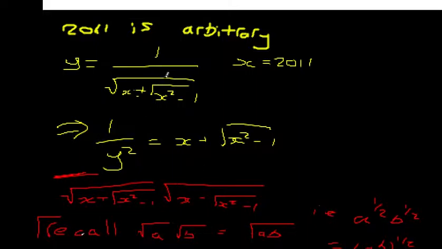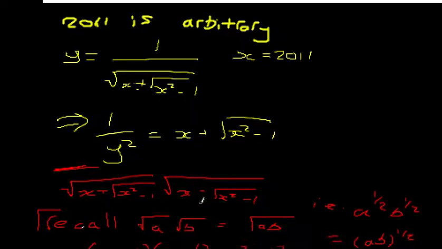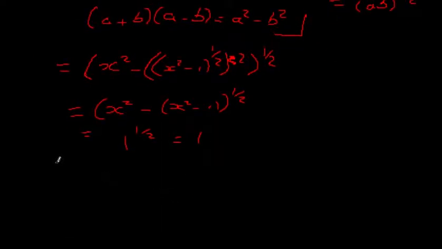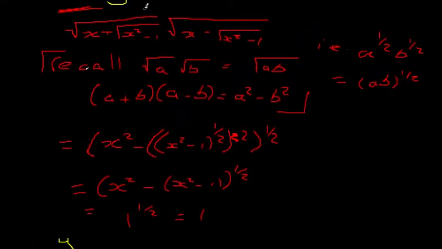The right hand side is going to become 1, and the left hand side will just be y divided by this. So y over root x minus root x squared minus 1 equals 1 by this.